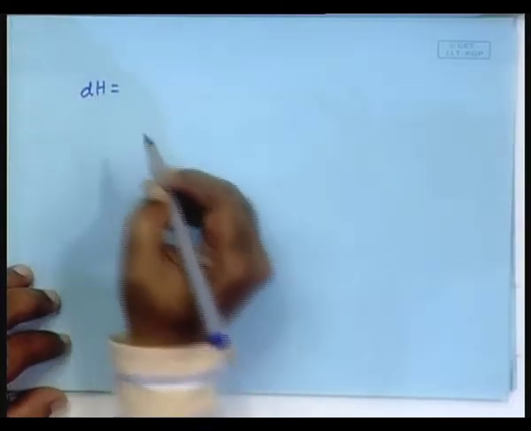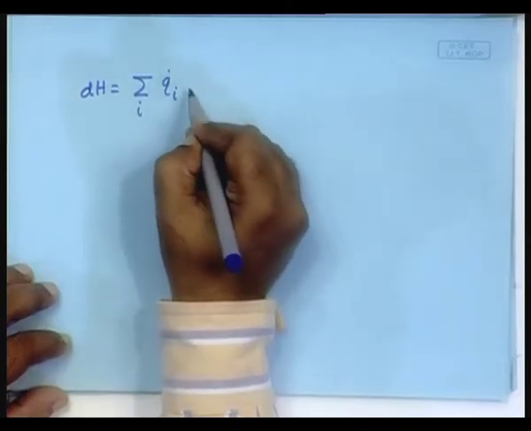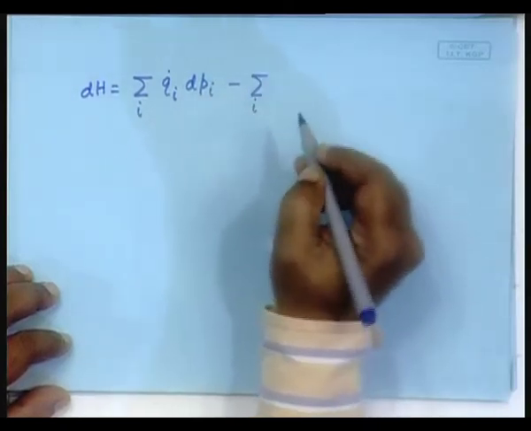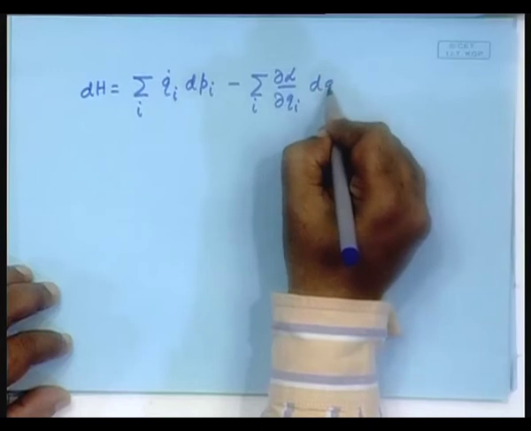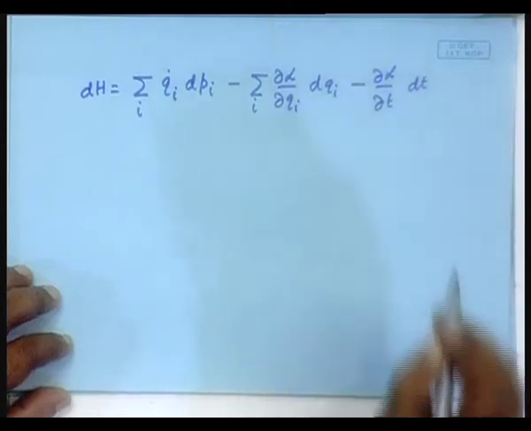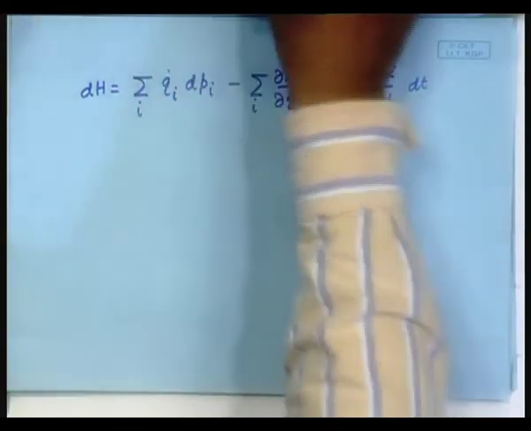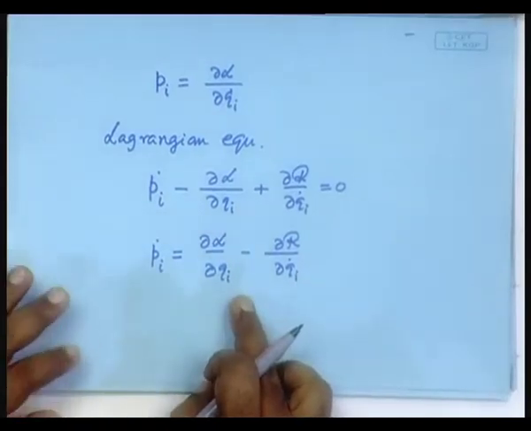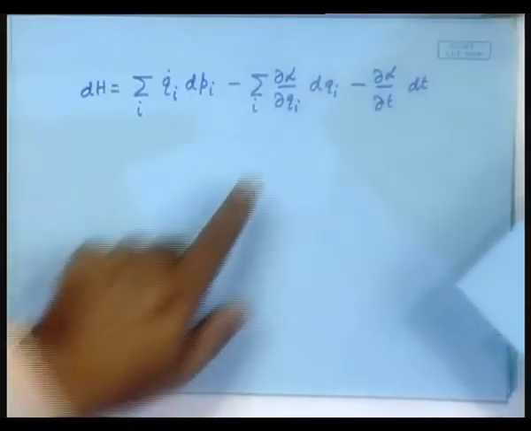So, write it down. dH now yields the sum over i of qi dot dpi minus, now we already have this equation, right, and from here we know this term.